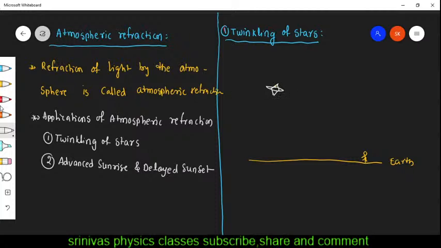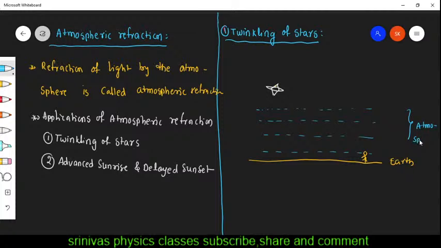From the star, the starlight starts, and the light travels through the different layers of the atmosphere. For example, this is the atmosphere, and you take the different layers of atmosphere like this.